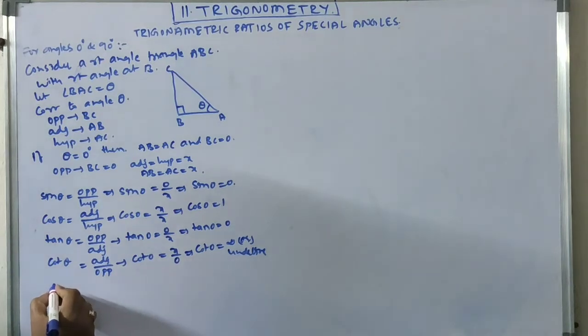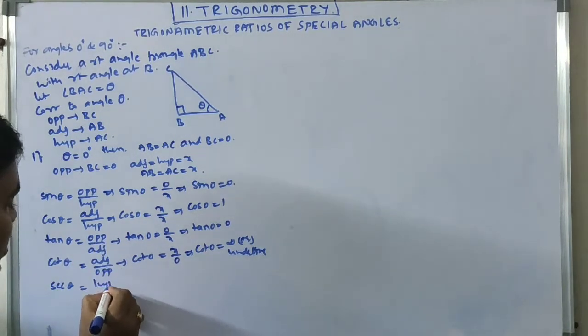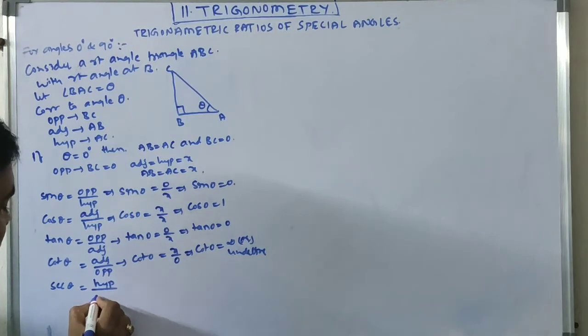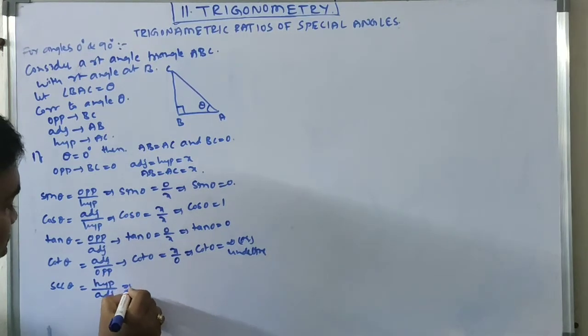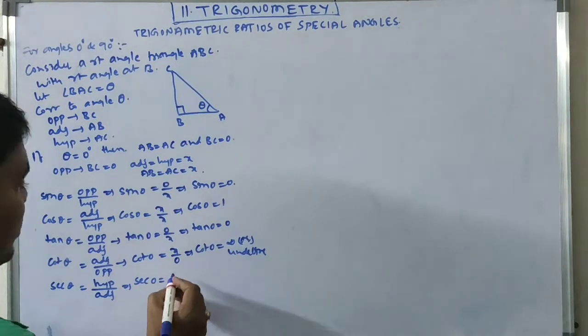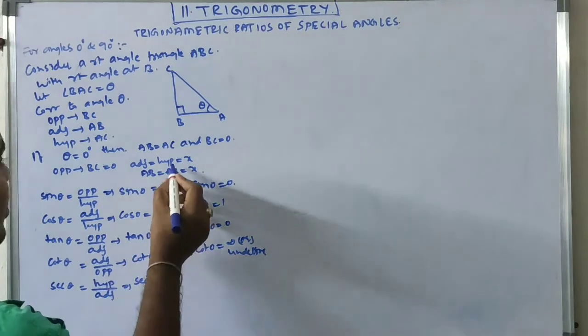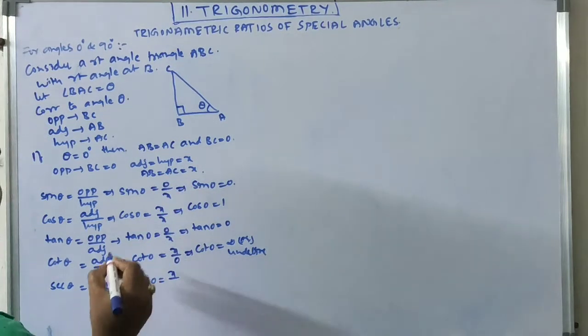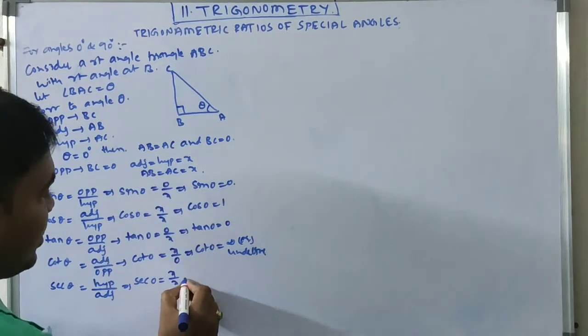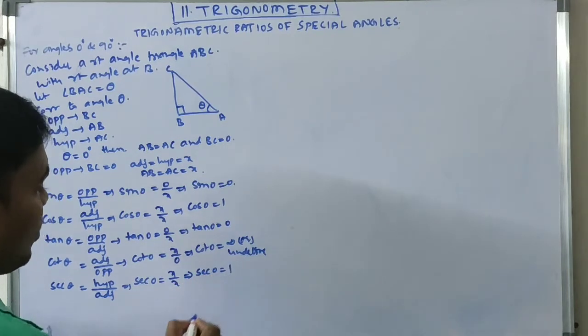Next, sec theta is hypotenuse by adjacent. For sec 0, the hypotenuse is equal to x and the adjacent is also equal to x, so x by x is equal to 1. Sec 0 is equal to 1.